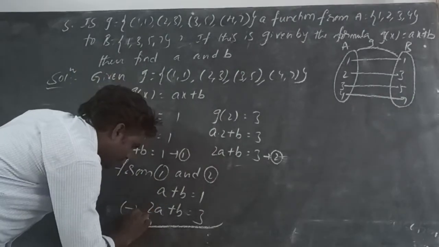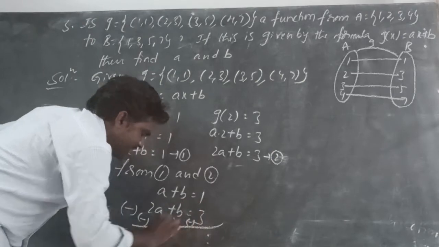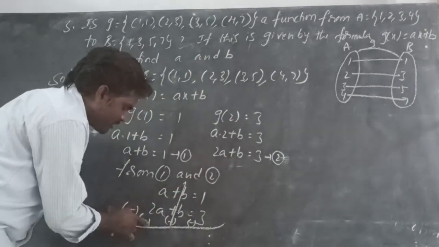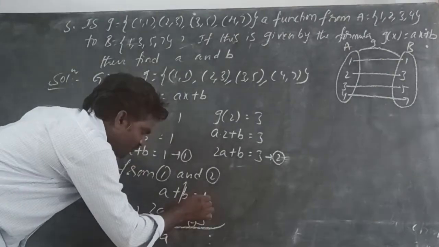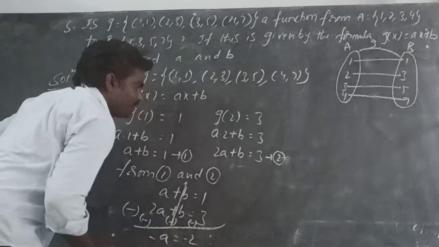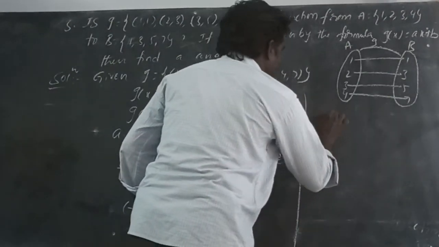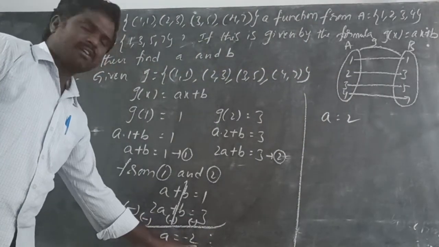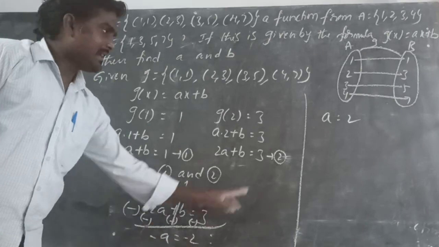When you subtract, the signs change. Plus b minus b cancel. A minus 2a is minus a, and 1 minus 3 is minus 2. So minus a is equal to minus 2, the minus signs cancel, and a is equal to 2.